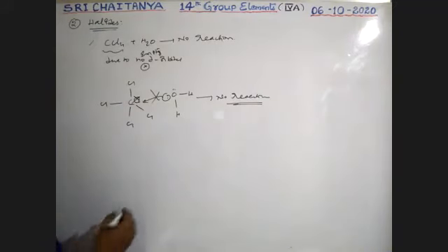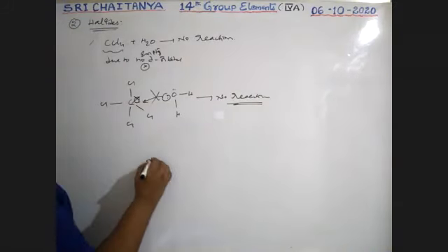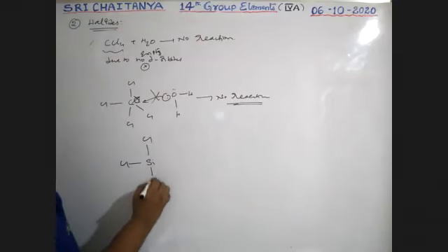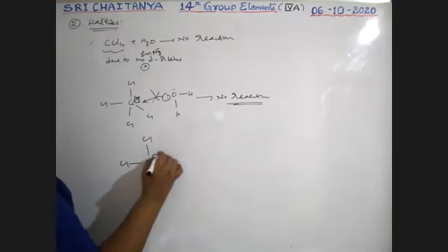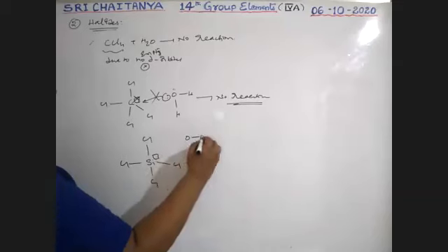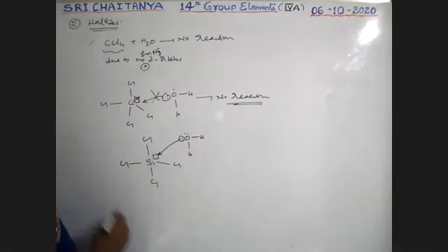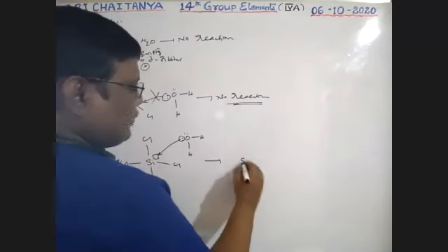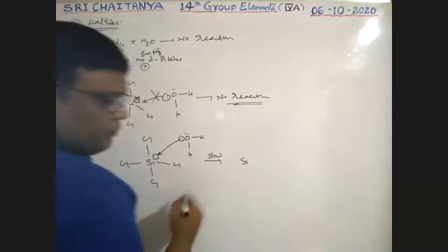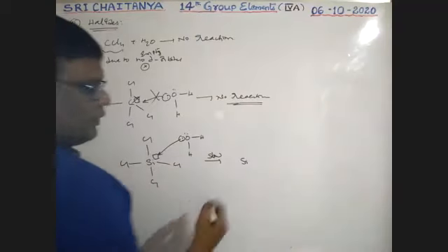But in the case of silicon, there is an empty orbital. Here is the water molecule, boys. The lone pair can be donated. It is a slow reaction.